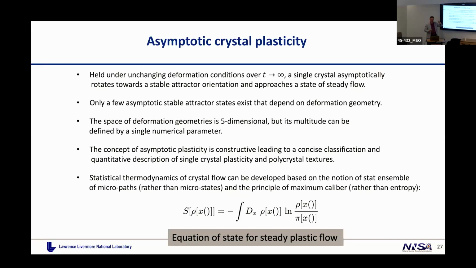But it turns out that within reasonable, plausible approximations or assumptions, you can reduce a very complicated 5-dimensional space of deviatoric stress, which is how crystal plasticity is usually defined, to just one single scalar parameter. And that parameter alone enumerates the whole multitude of these 5-dimensional straining geometries. Quite amusing.